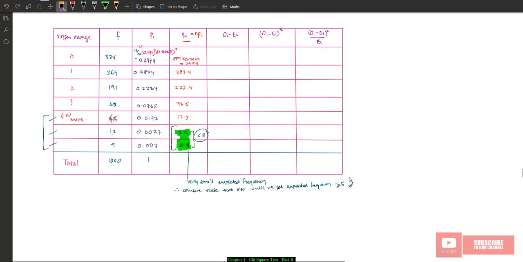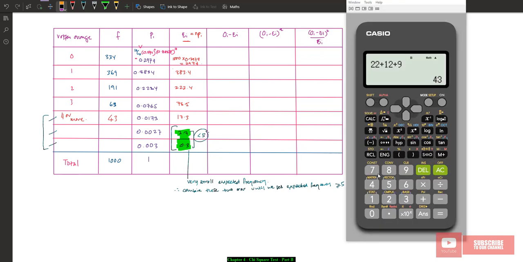So I just rub this one out, 43, and this one should be nothing. I'm not going to combine the probability value. It still remains the same. So I'm just going to combine the value of expected frequency.